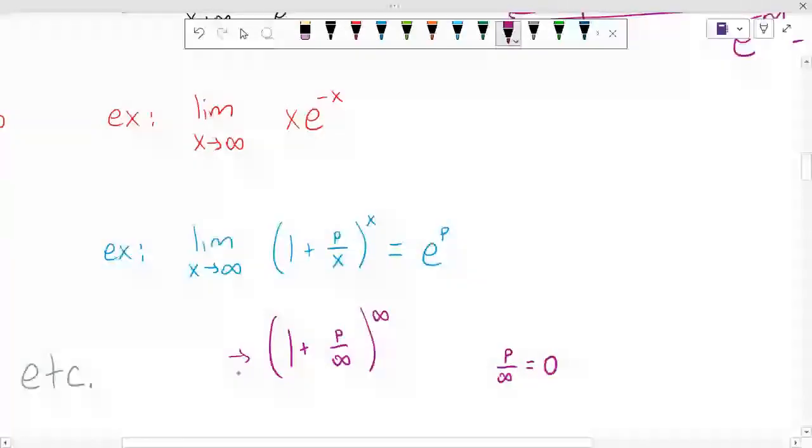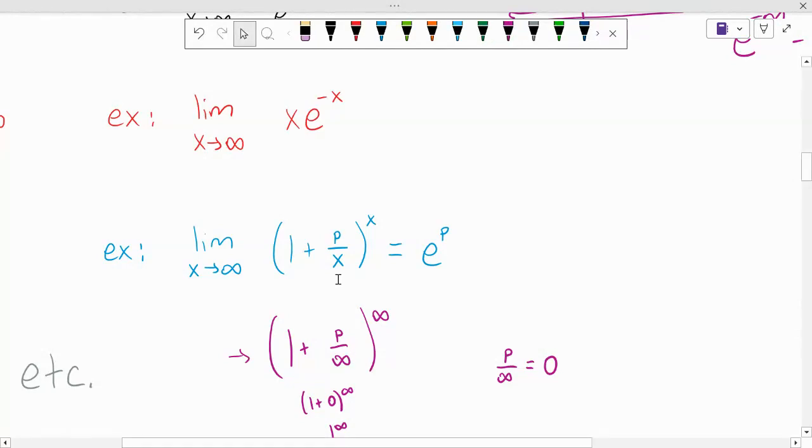That's just because when you divide by a really big number, the result is going to be something really close to 0. And that's the idea of this kind of expression. So that means inside the parentheses, you're getting 1 plus 0. So roughly, you have this 1 to the infinity indeterminate form.